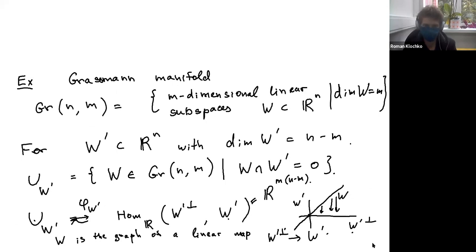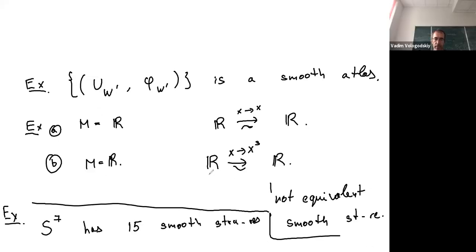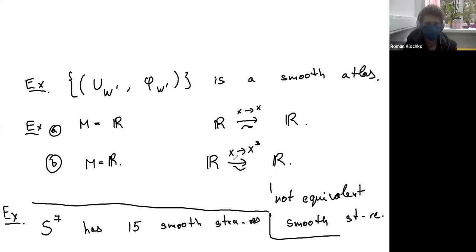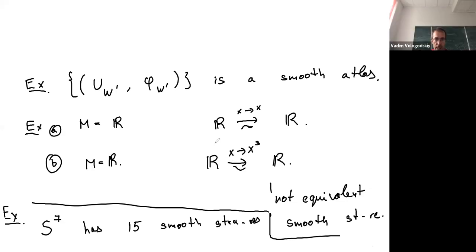Okay, let's go back. These two atlases define two non-equivalent smooth atlases on R, right? Why are they not equivalent? What would it mean that these two atlases are equivalent?